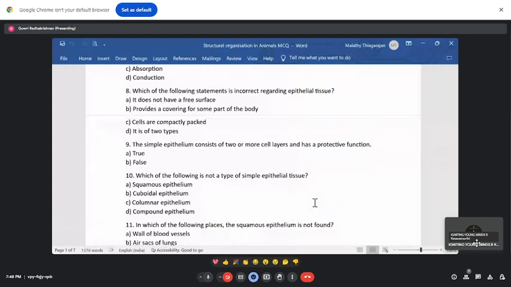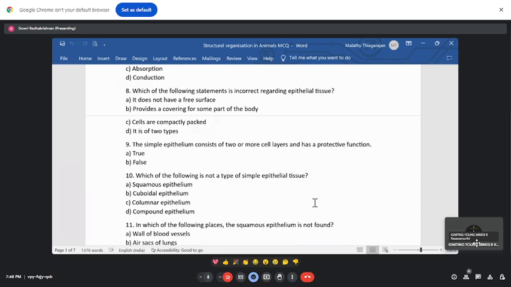Yes, it gives covering. And cells are compactly packed? Yes, epithelial tissue is compactly packed. There's no gap or anything. And it is of two types? Yes, epithelial tissue is of two types: simple epithelium and compound epithelium.